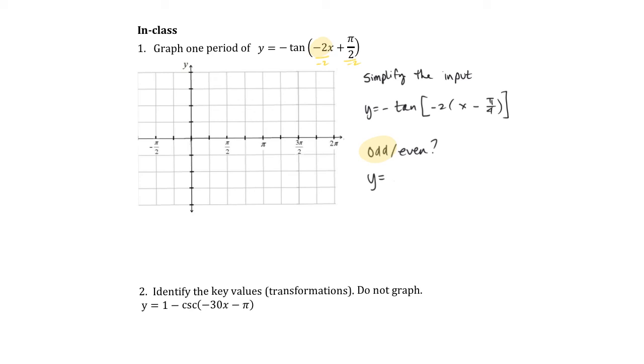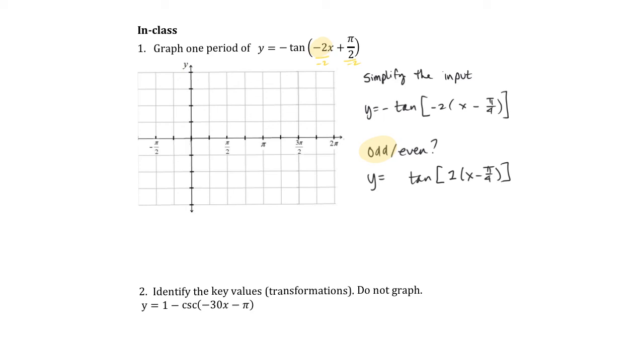So we would have the opposite of negative tangent of, okay, change the input to the opposite of that original input. Because it's odd, we change, and that would give us a positive tangent there.